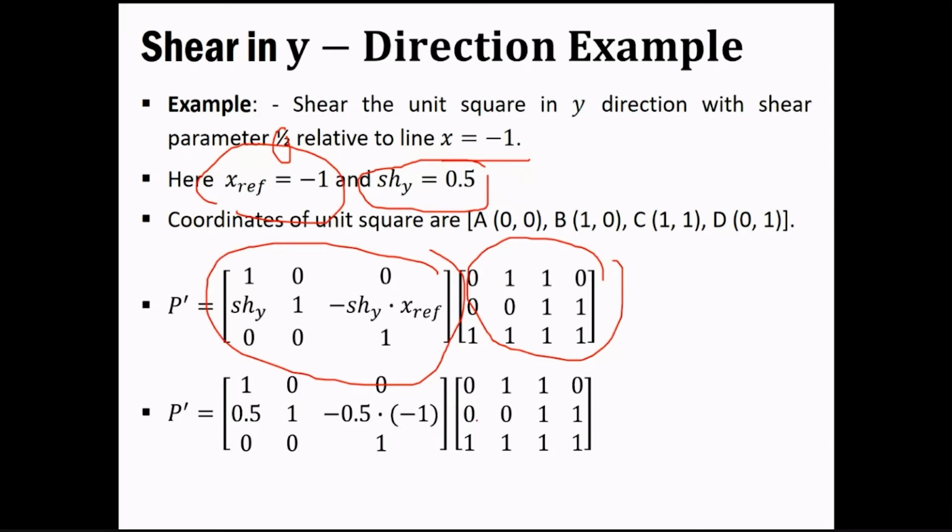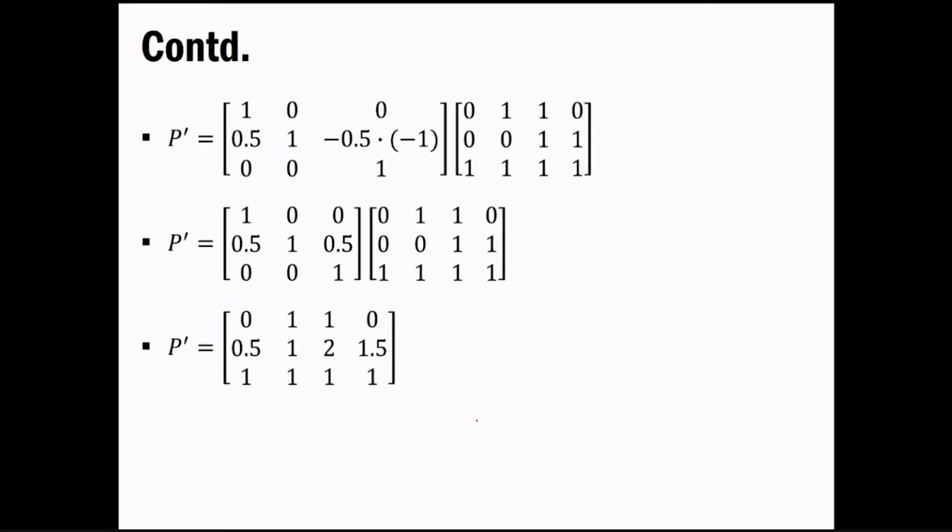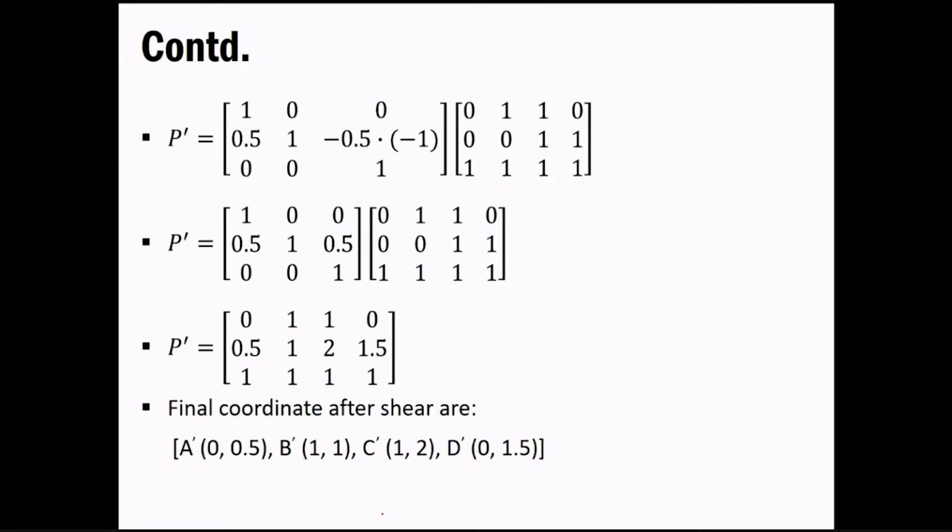The simplification and multiplication are simple, and out of that you'll be getting this value. So over here our resultant matrix is a dash, that is 0 and 0.5. Similarly for b dash you have 1 1, c dash 1 2, and d dash as 0 1.5. So this is what we have done.